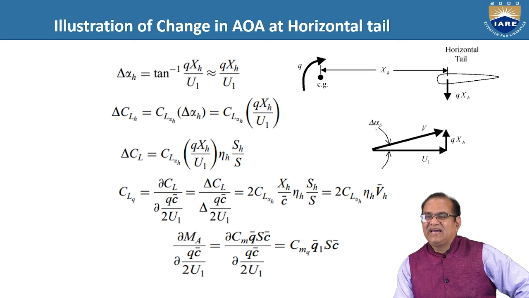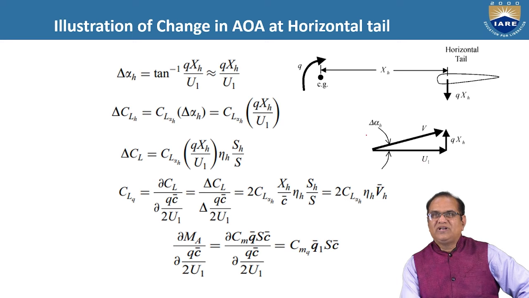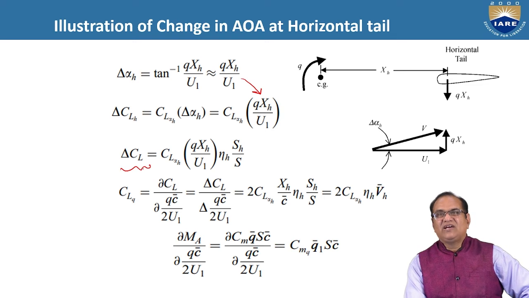So you will get a change in angle of attack alpha H. So delta alpha H is equal to tan inverse of QXH, this vertical, by U1, QXH by U1, and the change in coefficient of lift is CL alpha H into delta alpha H, and we are putting this value for delta alpha H. So this delta CL is equal to CL alpha H into QXH by U1 into eta H SH by S. It is for the whole aircraft.